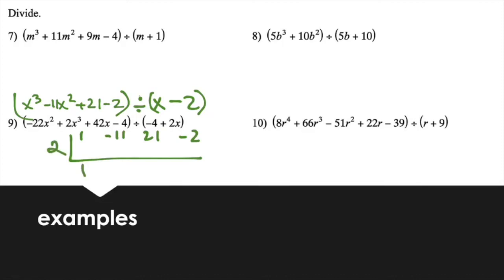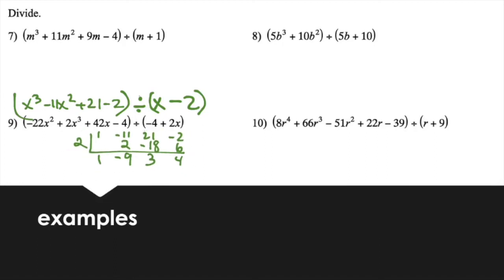Bring down the 1. We'll get a 2. Bring, and then add, we'll get negative 9. Multiply, we're going to get negative 18. Add, we're going to get 3. Multiply, we're going to get 6. And our add, we're going to get 4, and that's our remainder.